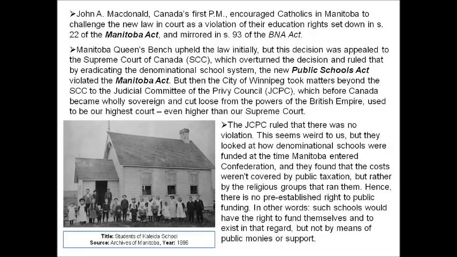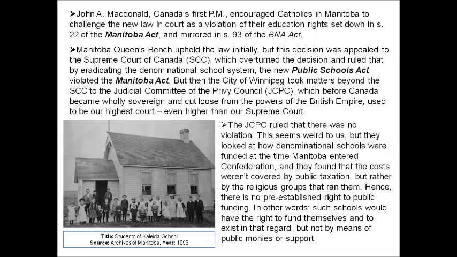Because we were still part of the British Empire, the highest court for all the countries in the British Empire was the JCPC, or the Judicial Committee of the Privy Council. So you could send any court case beyond your own Supreme Court to these guys, and they would rule on it and have the final say. So that's what happened.